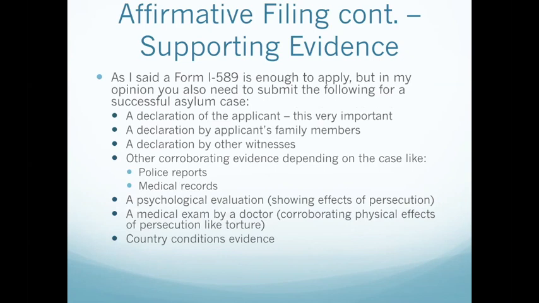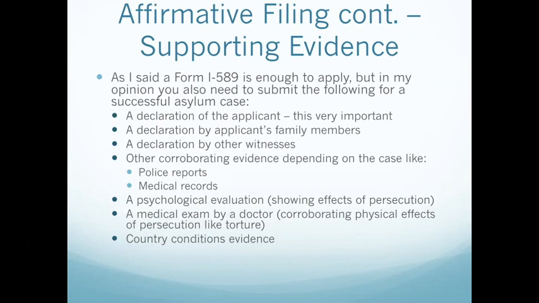So like I said earlier, the Form I-589 is enough to apply, but really to have a successful asylum case, you need to have other evidence to support the application, because as we discussed in the last training, it's about meeting the statutory elements of the case, but then there are also requirements for corroborating your asylum application and credibility, and making sure that the officer believes what you're saying and believes your testimony.